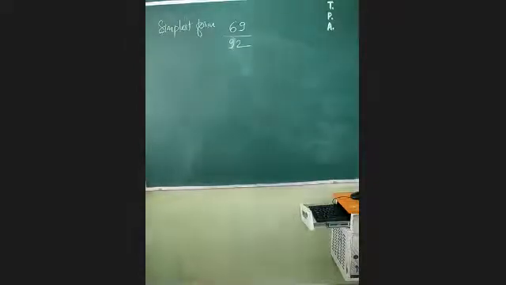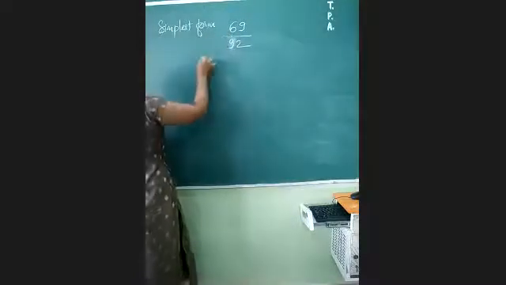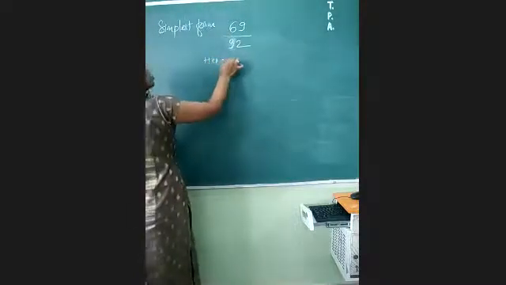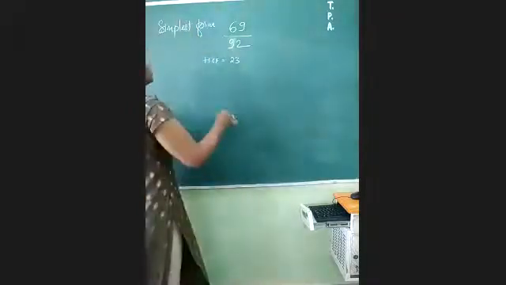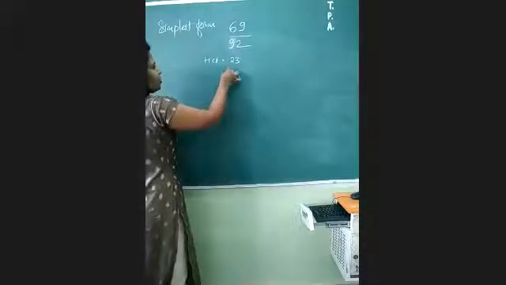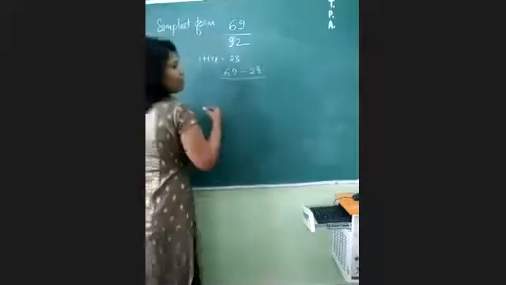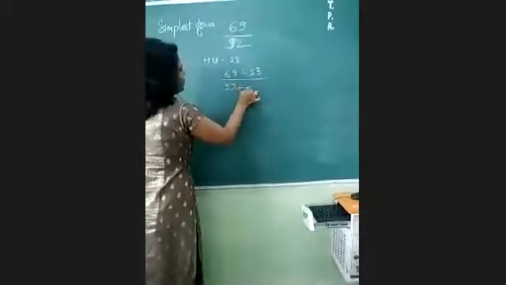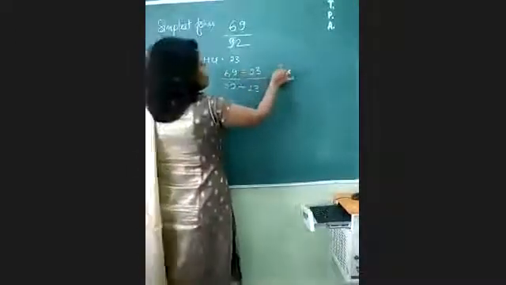So we will take out the HCF of both the numbers. The HCF of both the numbers will come 23 only. So it will give you 69 divided by 23, and down, 92 divided by 23. So when you solve it, it will give you 23 threes.